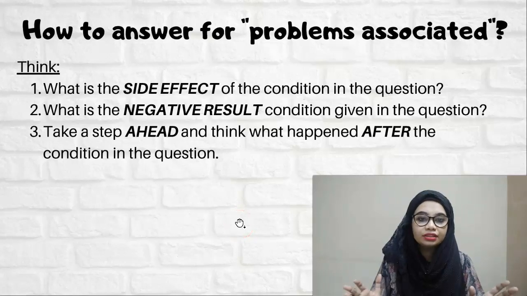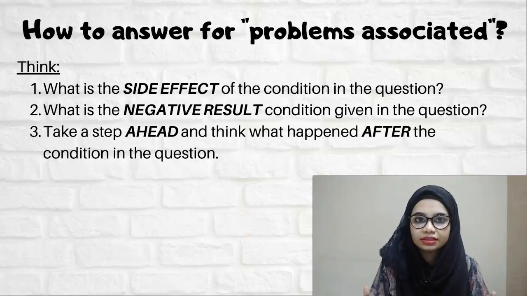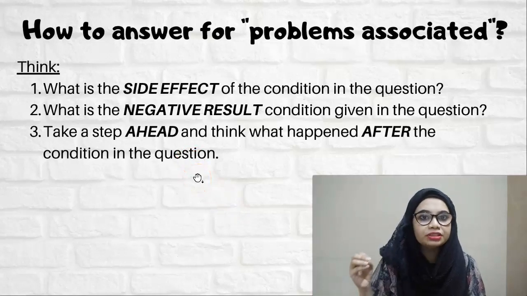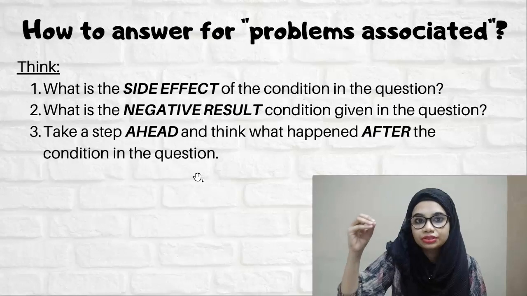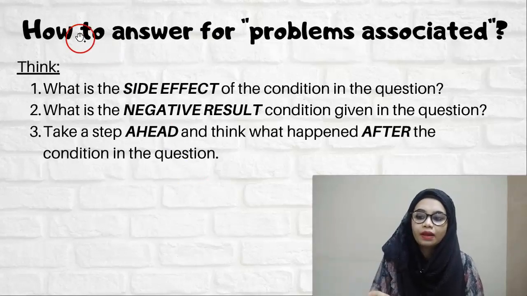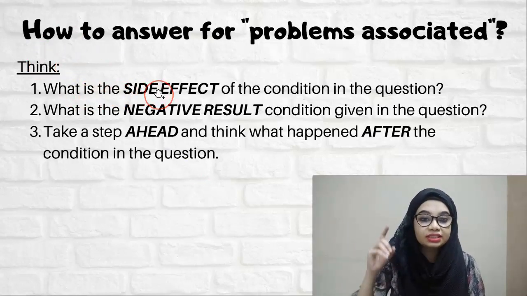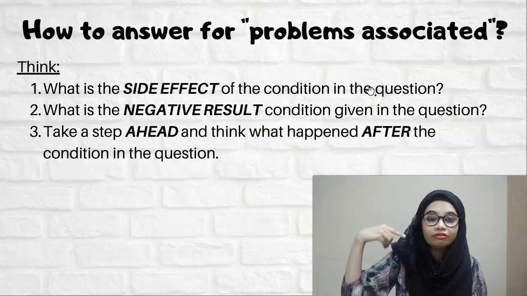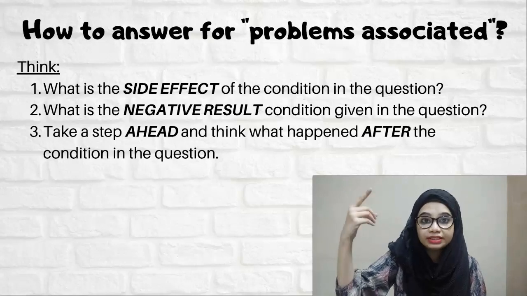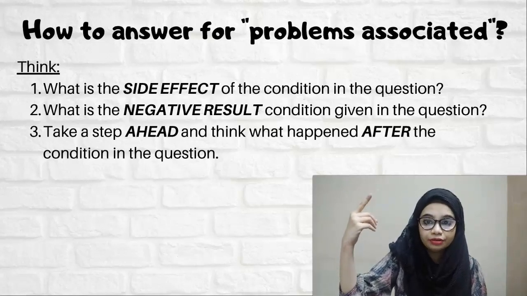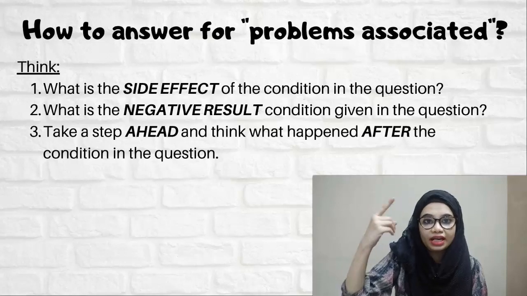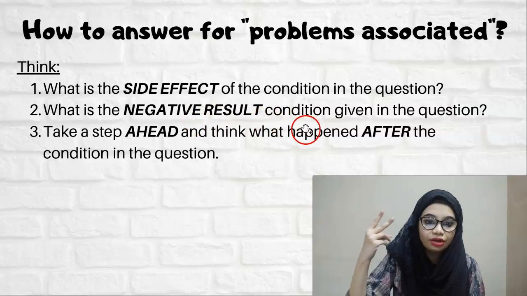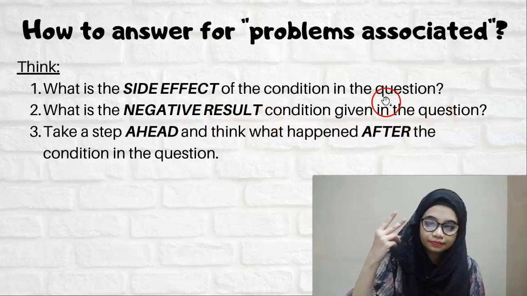How to answer for problems associated. What you should do in case the question is asking what are the problems associated and solutions. Think, what is the side effect of the condition in the question? Remember the meanings of the word problem we discussed in the very beginning of the video. One of the meanings was side effect. What is the negative result of the condition given in the question?